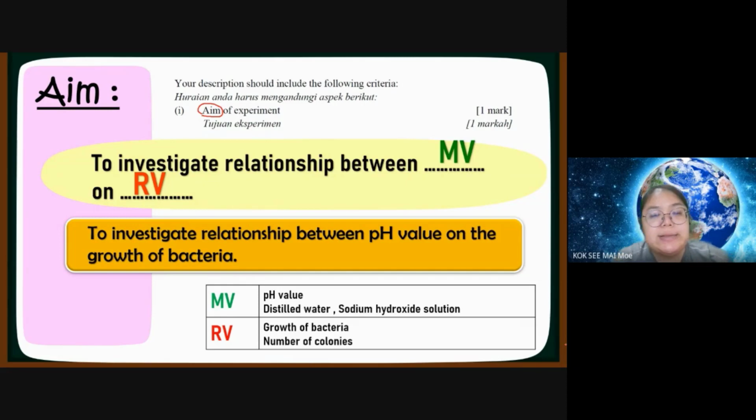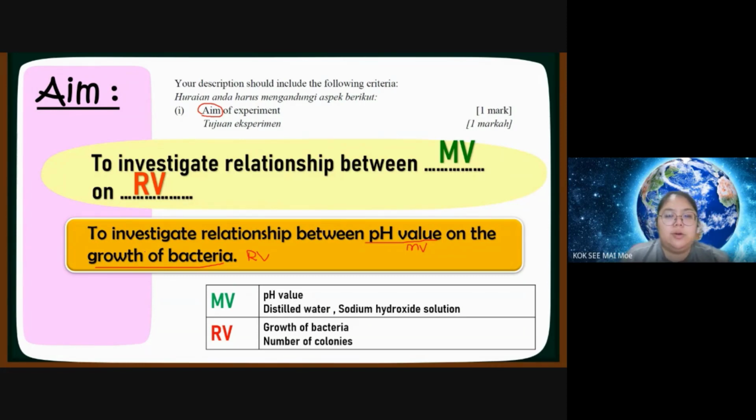So the sentence is: to investigate the relationship between pH value on the growth of bacteria. This one is MV, this one is growth of bacteria, RV. The rest is the same. You must memorize: to investigate the relationship between what and what.